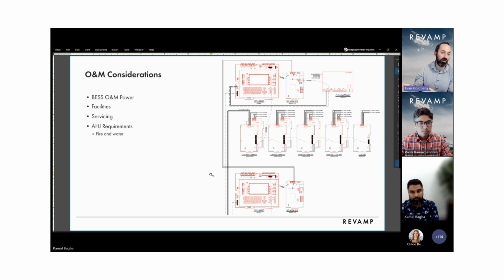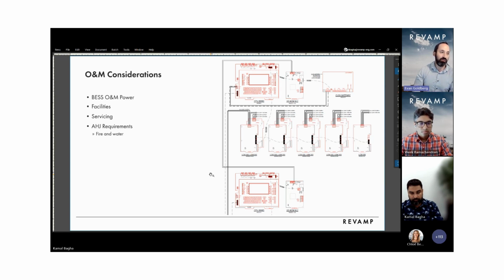Are you going to have it completely off-site? And if it's off-site, what are some of the servicing concerns that you might have, like having to bring things on and off the site, and ultimately having communications back to the substation or to the battery energy system? If it all goes through the substation, do you have the connectivity?